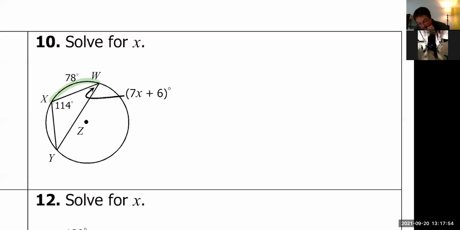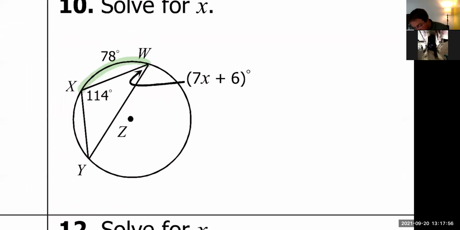Can you then tell me the measure of angle XYW? So that's my inscribed angle intercepting that 78-degree arc.